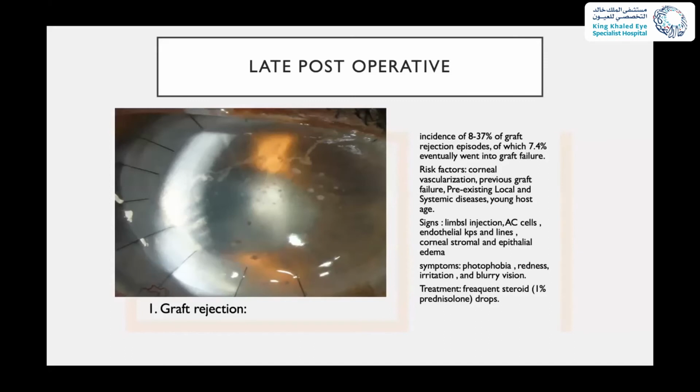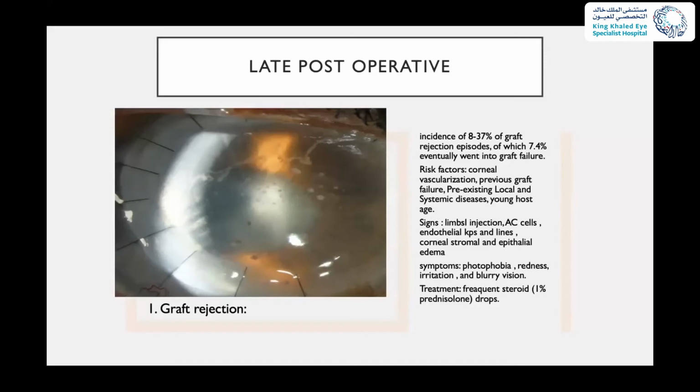The signs are limbal injection in the early phase, sometimes with some AC cells, and then later it might progress into endothelial KPs and lines that are known as Khodadoust line. Then it might progress to corneal stromal and epithelial edema. The patients will have symptoms that are related to the inflammation and corneal edema, which are photophobia, redness, irritation, and blurry vision.